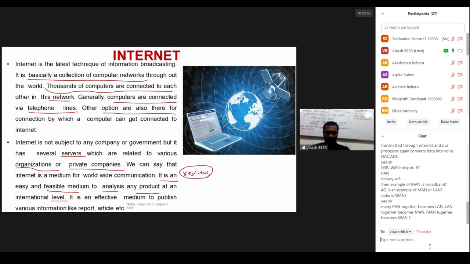Suppose there is no internet. How will you collect the information about any product before going to purchase? Suppose you want to purchase a mobile. What are you doing? You are checking the review or not?